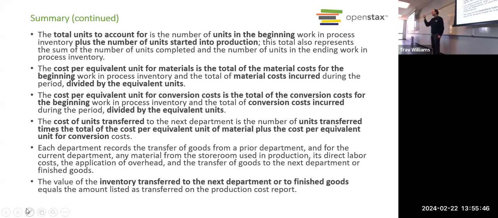You take your conversion cost divided by the equivalent units for conversion, right? That's how we get cost per unit for both. So I kind of said this already. And then inventory gets transferred out of the department to the next department or eventually into finished goods.